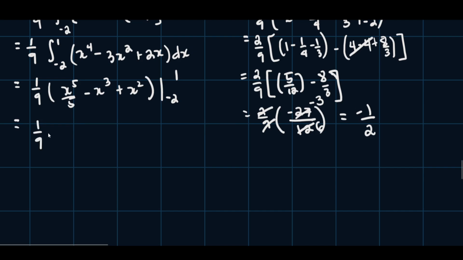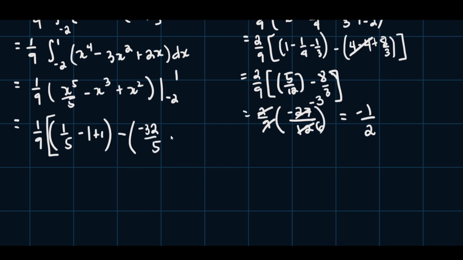So, 1 over 9, 1/5 minus 1 plus 1 minus -32 over 5 minus -8. So, plus 8 plus 4. Simplify.